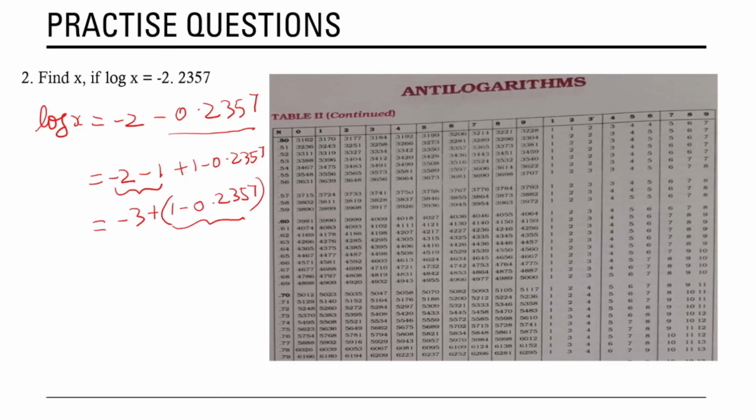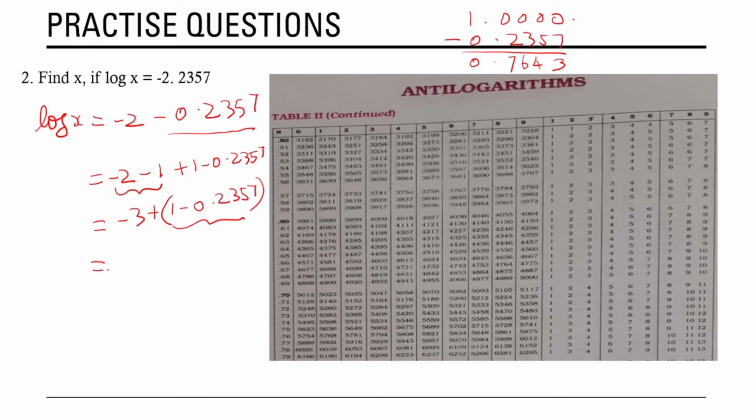So here 1 minus 0.2357, the answer is 0.7643.